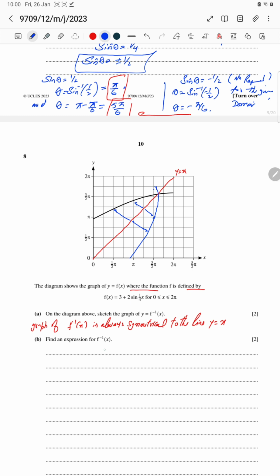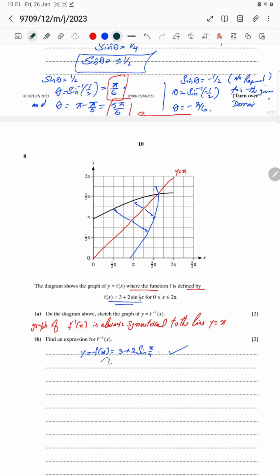Now find an expression for f inverse of x. So for this, f of x is given to be f of x equal to 3 plus 2 sine of x by 4. So as we know, f of x is equal to y. Now we need to make x the subject.